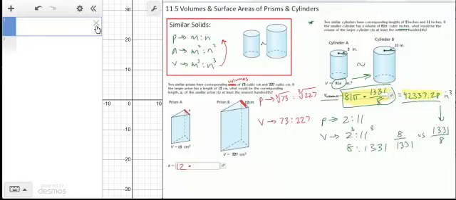So what you would get right here is the cube root of 73 over the cube root of 227, or the cube root of 227 over the cube root of 73. Again, this one makes it smaller, this one makes it larger. Are we going from big to small or small to big? From big to small, so we need the one that gives you a number less than 1, which is this first one. So we'll multiply this by the cube root of 73 all over the cube root of 227.